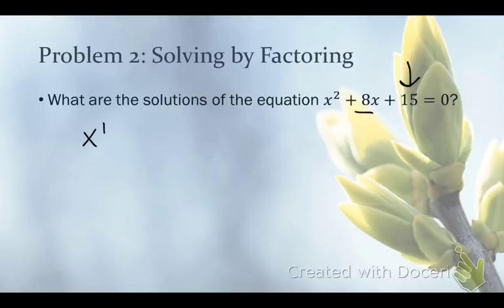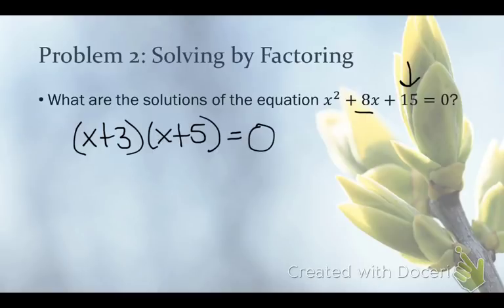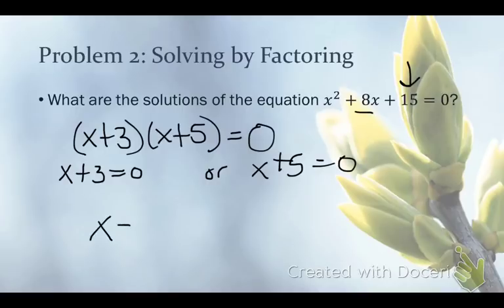So I can set this up as x plus 3 times x plus 5 equals 0. And then once again, x plus 3 equals 0, or x plus 5 equals 0. And my answers would be negative 3 or negative 5. So the only difference there is that I have to first factor my equation before I can set the two individual binomials equal to 0.